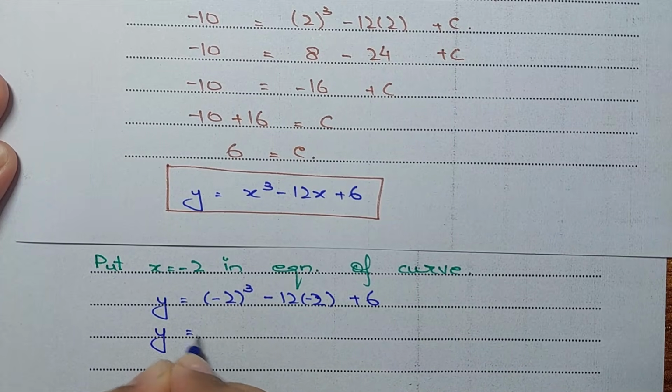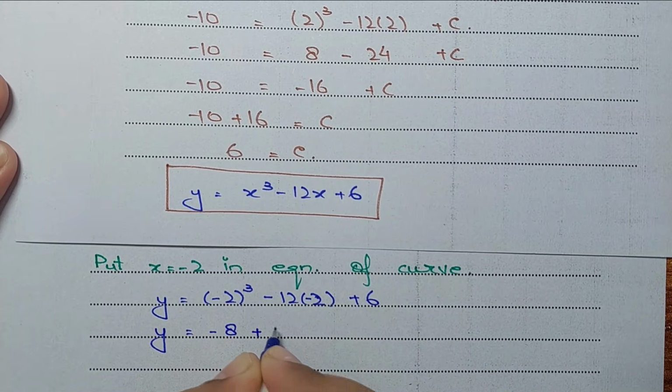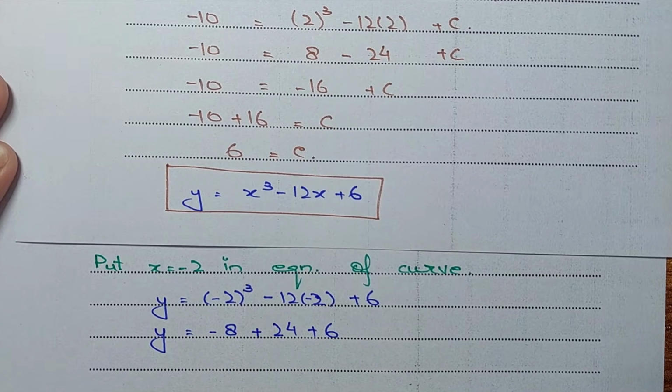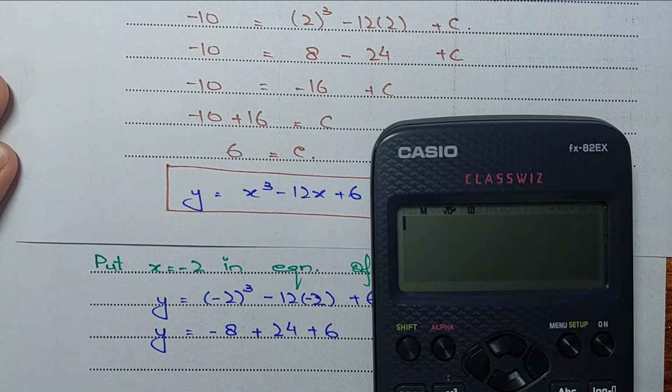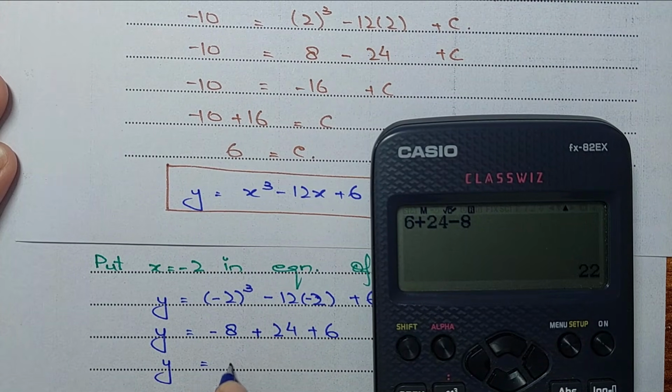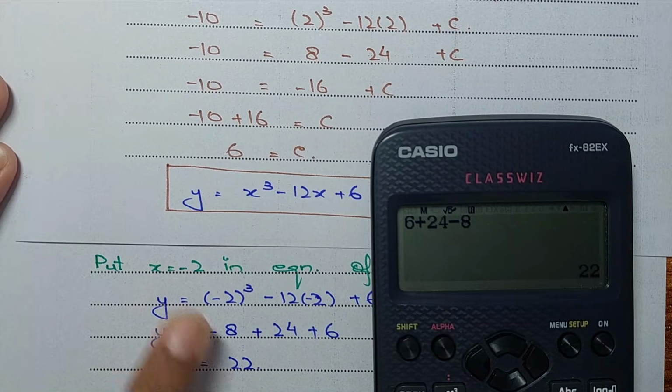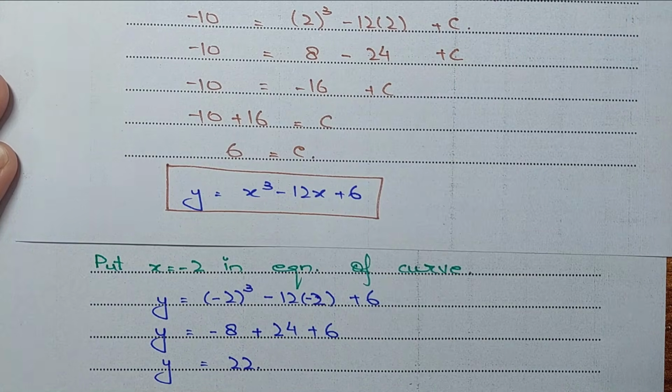So y equals negative 8, plus 2 times 12 which is 24, plus 6. So 6 plus 24 minus 8 becomes 22. So the y coordinate is 22. x is negative 2 and the y coordinate is 22.